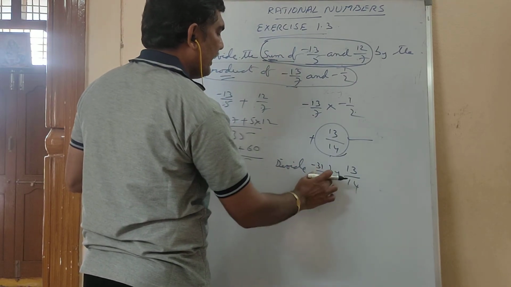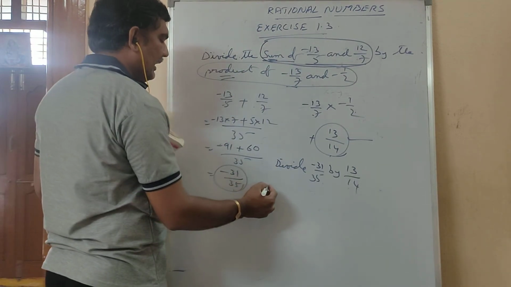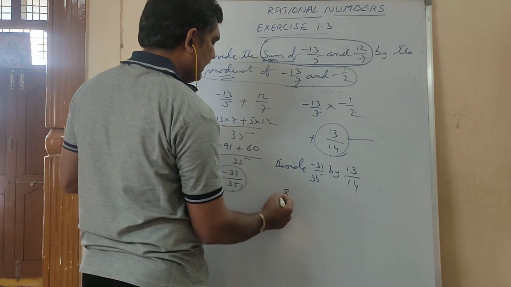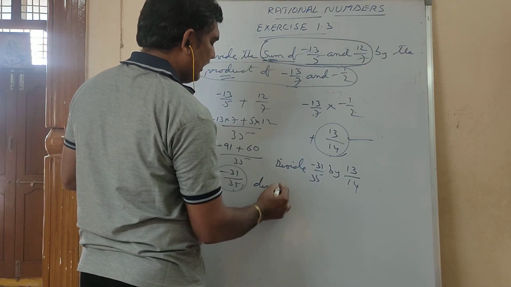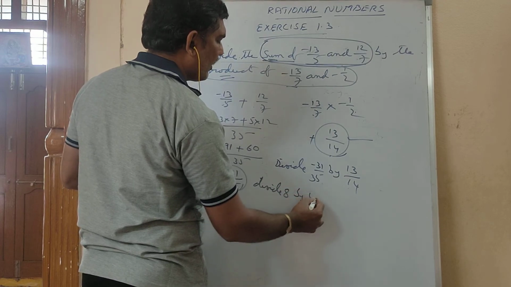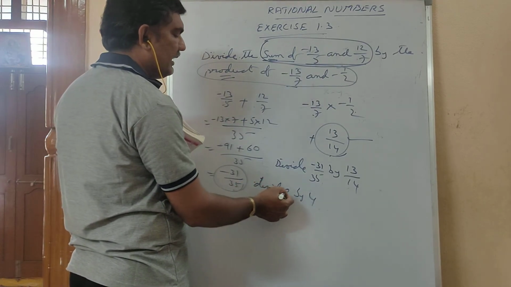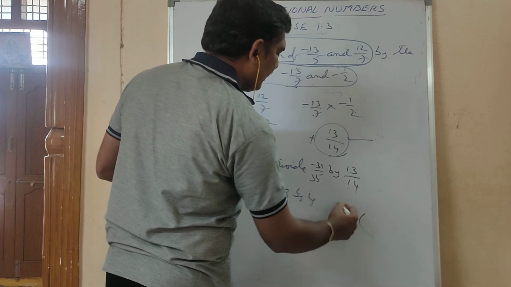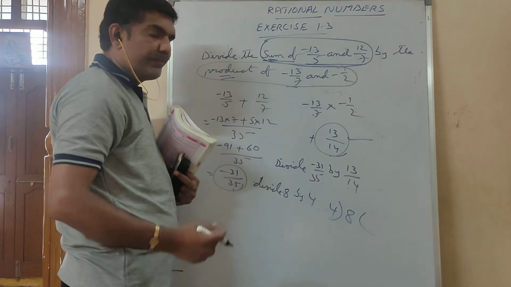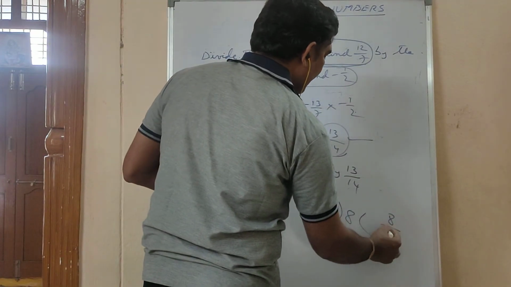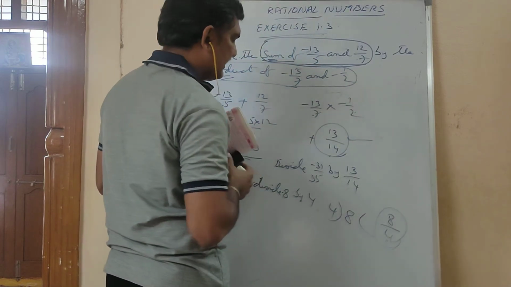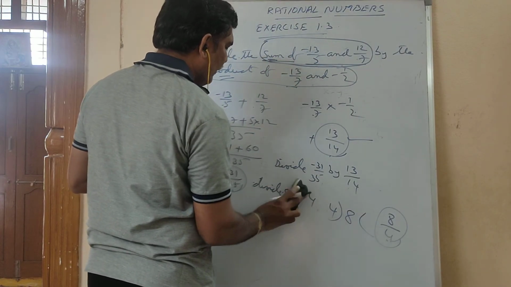Divide this one by this one. If I write divide 8 by 4, it means 8 should be divided by 4, or you can write 8 by 4 like this.